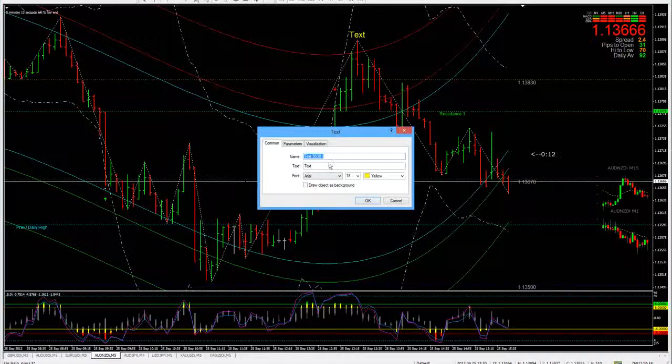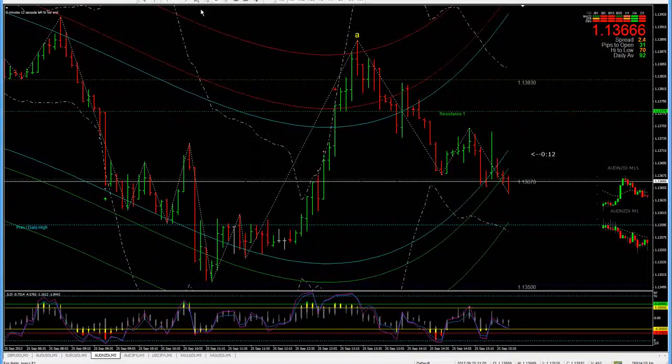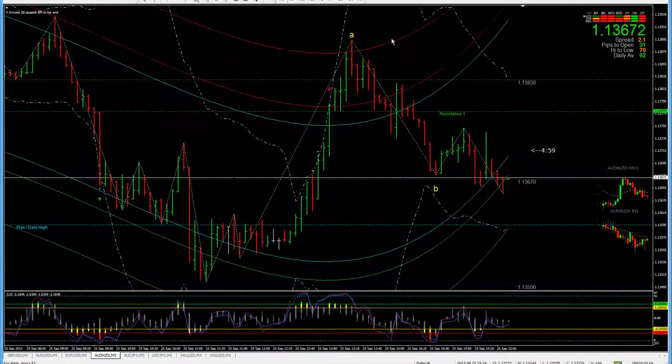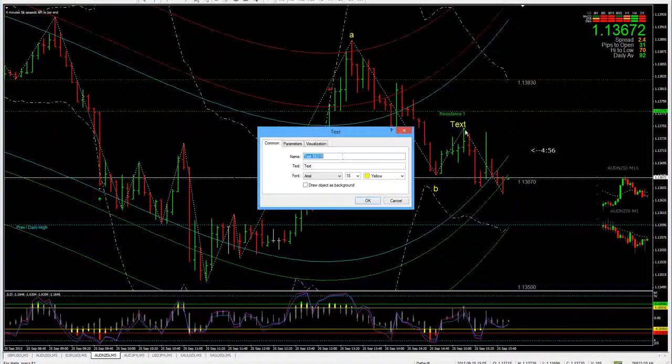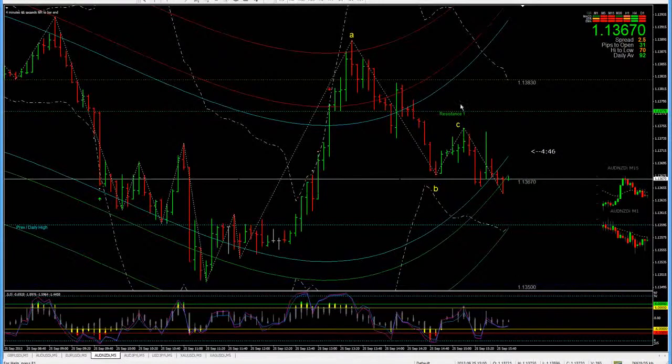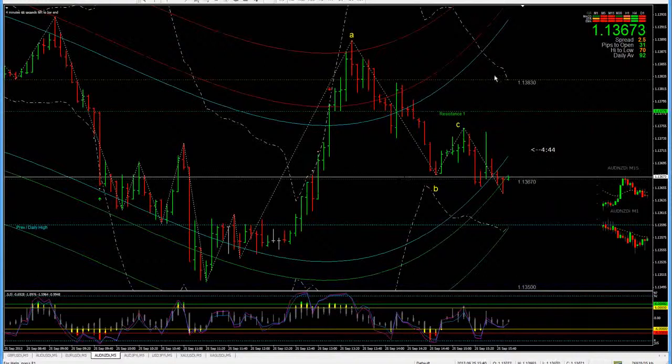So again, we have A, B, all over the place with my mouse today. C. And this would be our D leg forming down here. A to B first leg, B to C. C did not go higher than A, not even close. So moving down would be D.